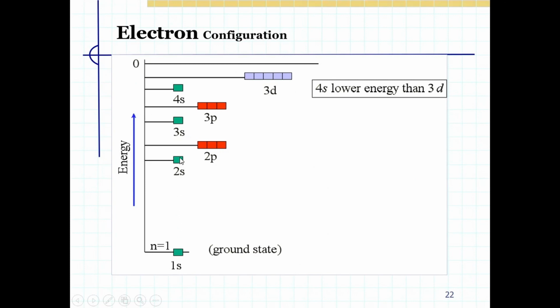Any s shell will be filled like that. And the p shell has all three possibilities, so it's not just 3 electrons. There are a total of 6 possibilities, 3 multiplied by 2, and so on. So we have larger occupancy for the p and d shells, and smaller occupancies for s shells.